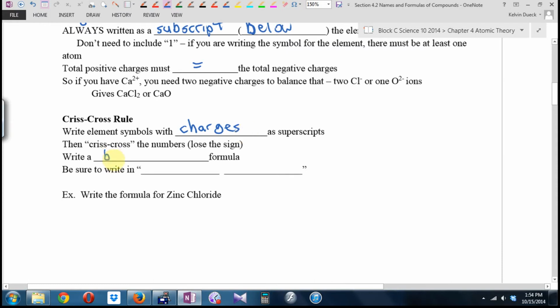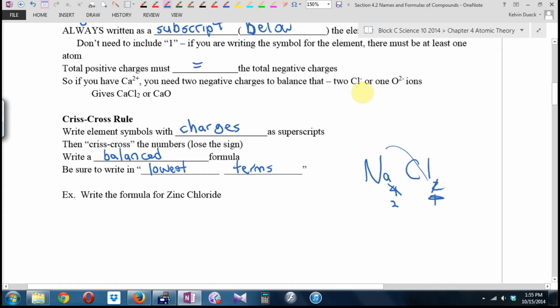And that lets you write a balanced formula. The only key is you have to write in lowest terms. In other words, you wouldn't write Na4Cl2, which doesn't work, by the way, I just made that up. You would say that becomes a 2 and that becomes a 1, although you wouldn't bother writing the 1 at all because there's always a 1 there.